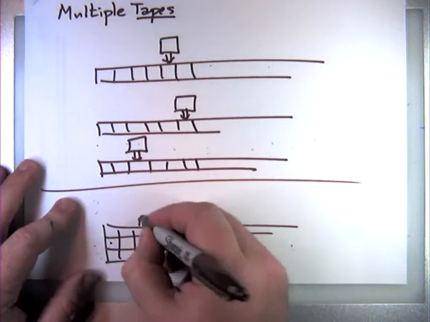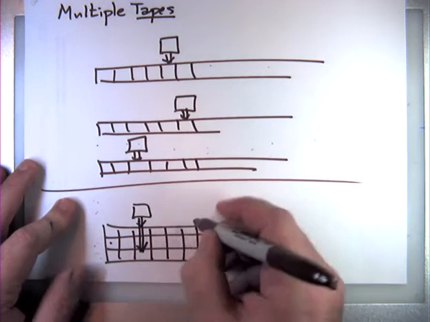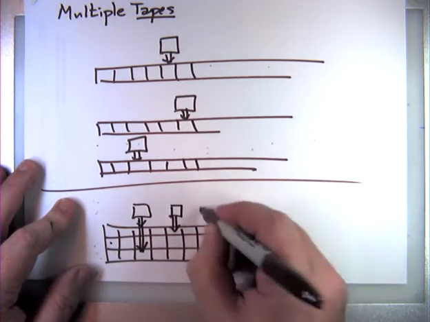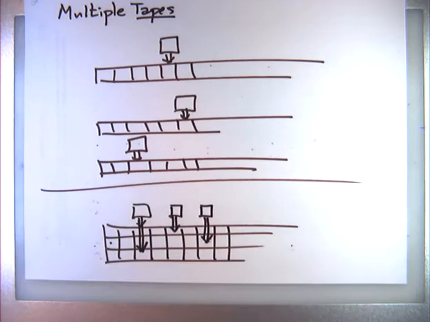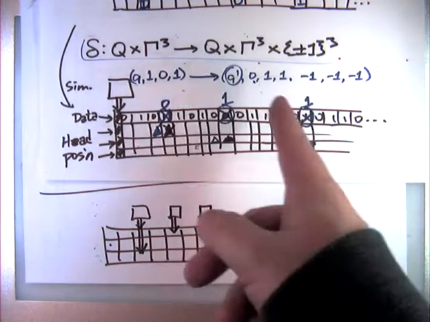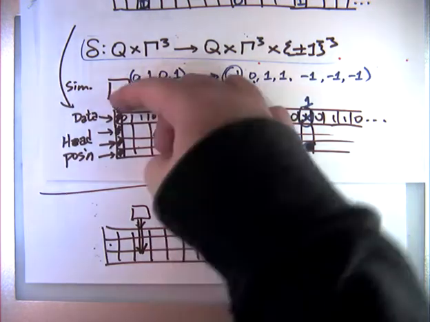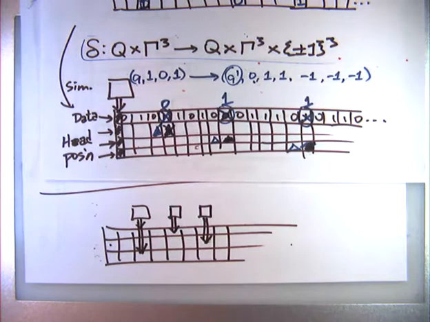And now I'm going to have one head that can only see track 3, and one head that can only see track 1, and one head that can only see track 2. And now I've gone from having multiple tapes, each with its own head, to a single tape with multiple heads, which I can then simulate, again using even more tracks, with a single tape with a single head. And these multiple tracks, I'm actually doing immediately by folding them all into just a larger tape alphabet.